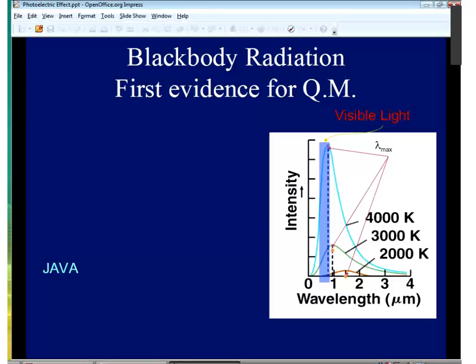You would notice one thing, that if you increase temperature, lambda max goes to the left side. Lambda max does not mean the maximum wavelength. Lambda max means the wavelength corresponding to maximum intensity.